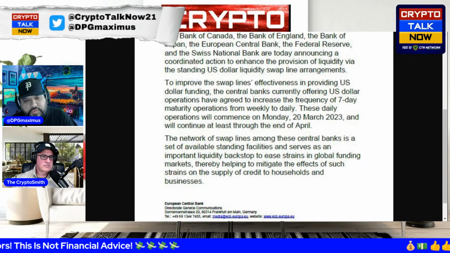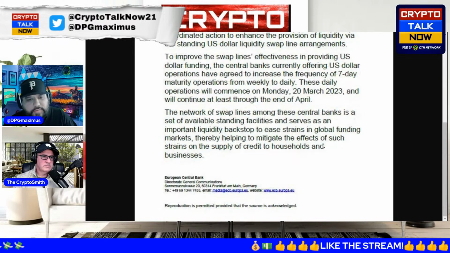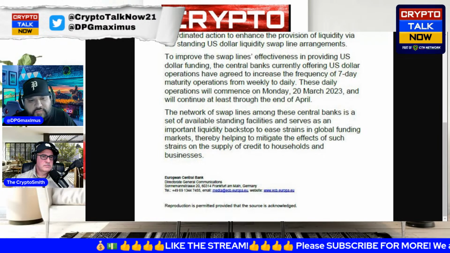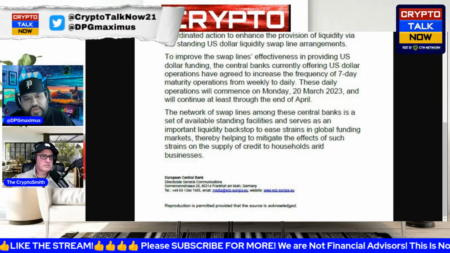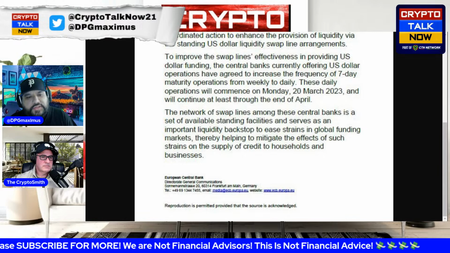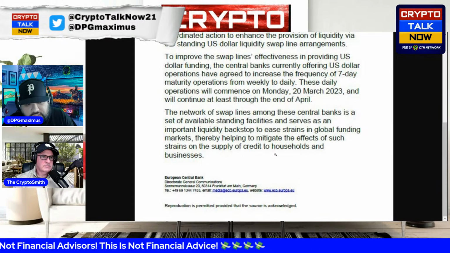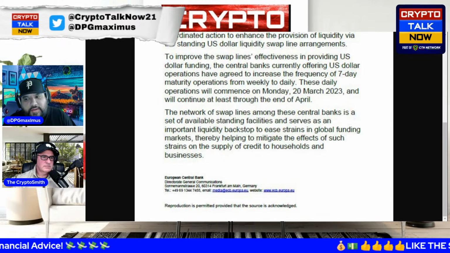These daily operations will commence today and will continue to at least the end of April. The network of swap lines among these central banks is a set of available standing facilities and serves as an important liquidity backstop to ease strains in global funding markets, thereby helping to mitigate the effects of such strains on the supply of credit to households and businesses.